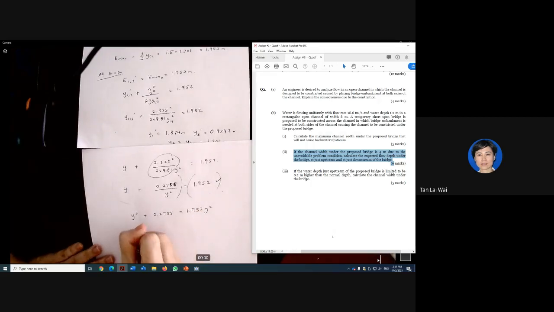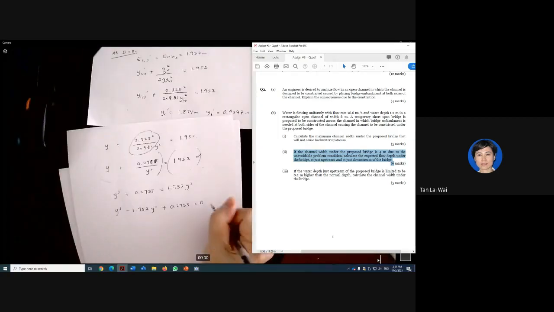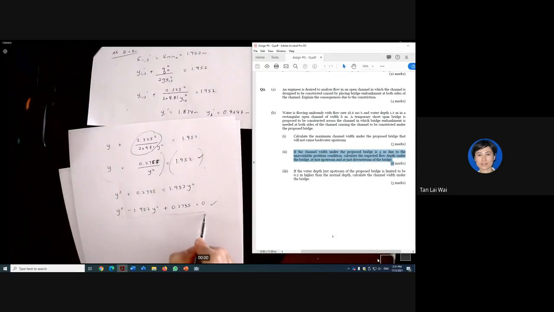So you can rewrite this as y cubed minus 1.952y squared plus 0.2755 equals 0. So this is how Awati and Maisato solved it, right? With a calculator? Right, Doctor. Okay, good. So you guys can try this out. I think I shared the YouTube video in our last class before the break. So you may try this out.